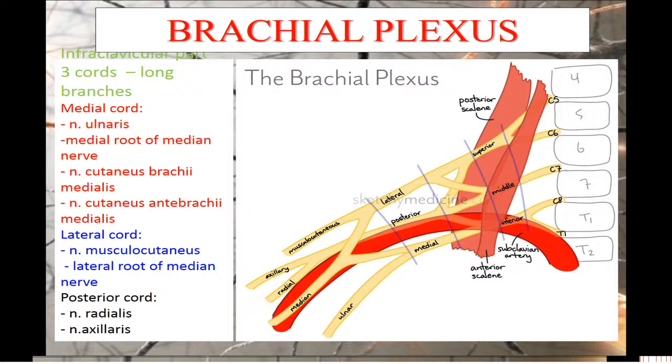The median nerve and the ulnar nerve as well have no cutaneous branches in the region of the forearm, because both of them supply the anterior group of forearm muscles.